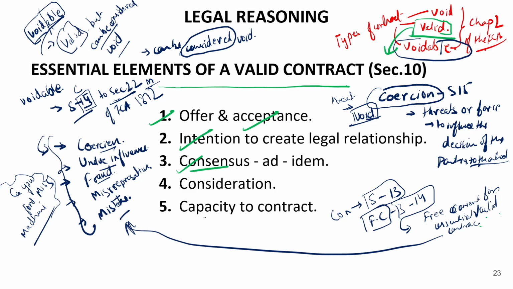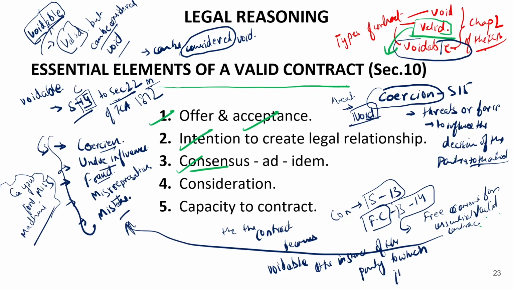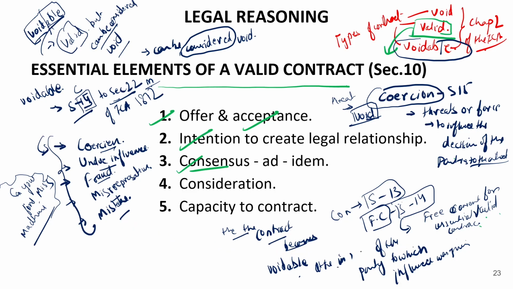But if these things are present, then the contract becomes voidable at the instance of the party to which influence was given.